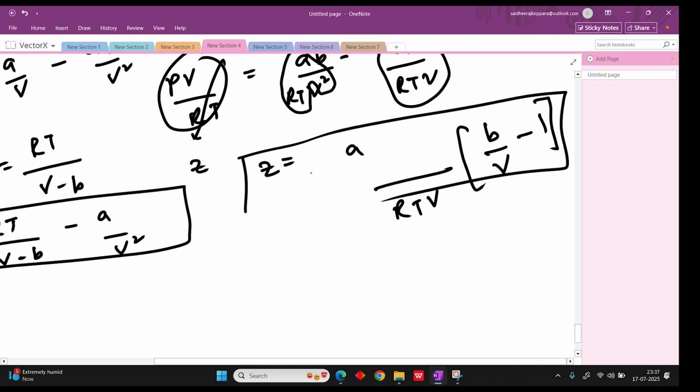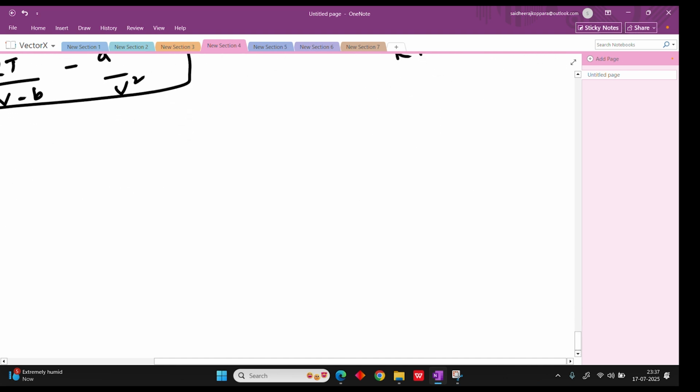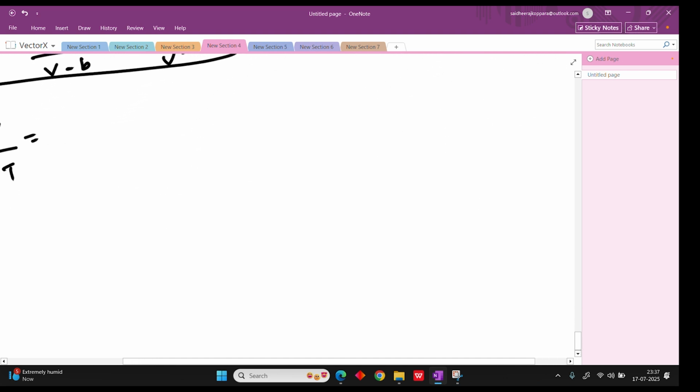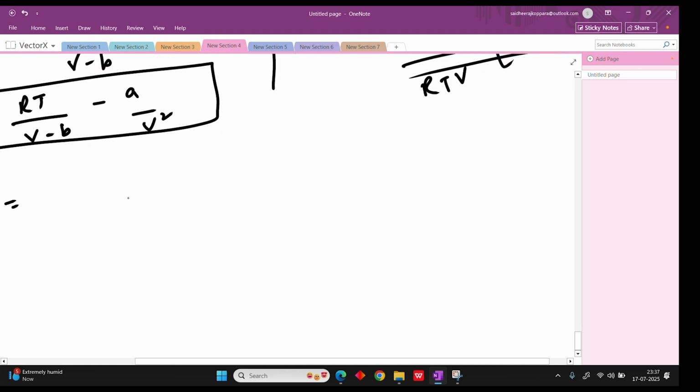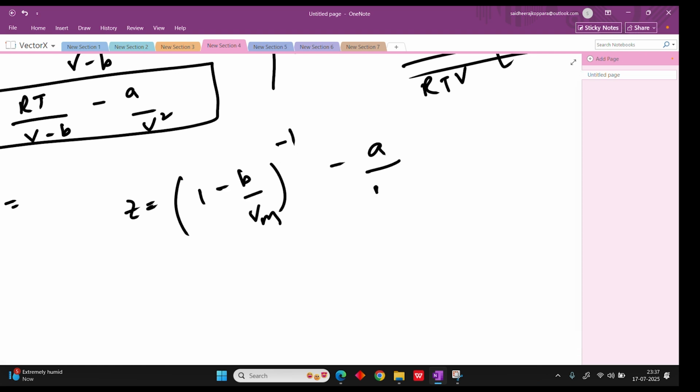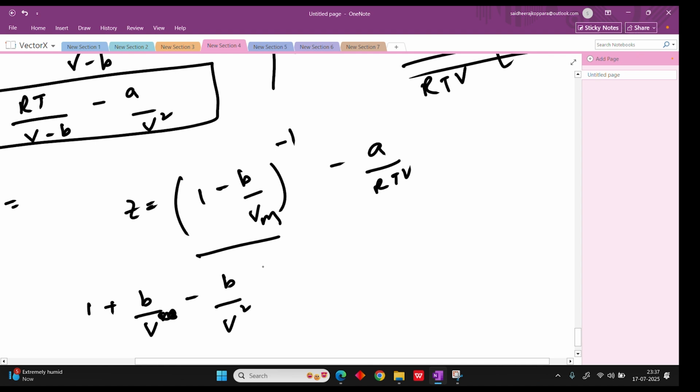I am facing a bit of difficulty while manipulating this equation, but what actually happens is that you expand this part binomially, and then it becomes this equation.